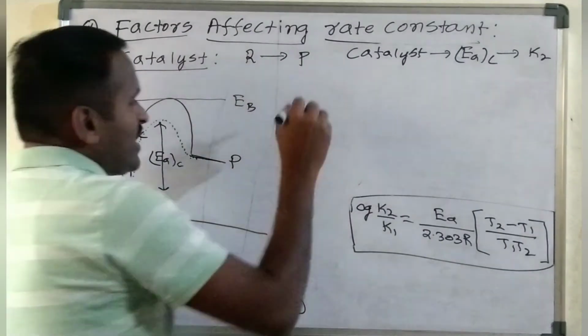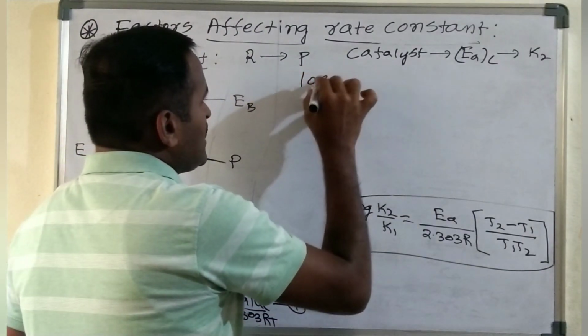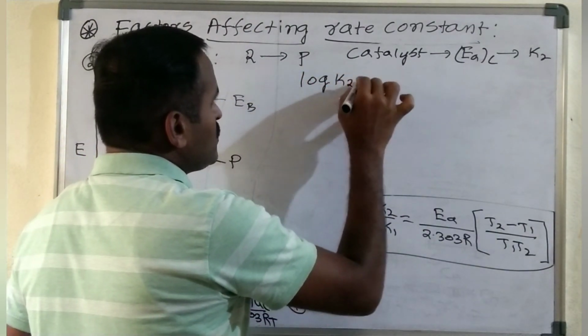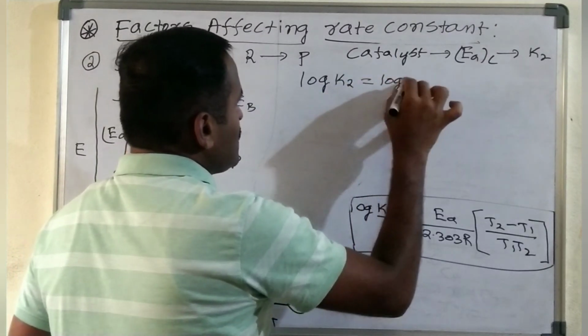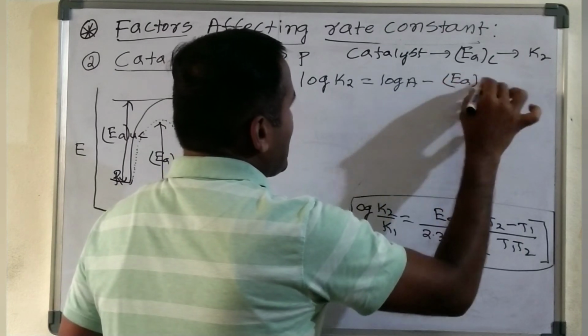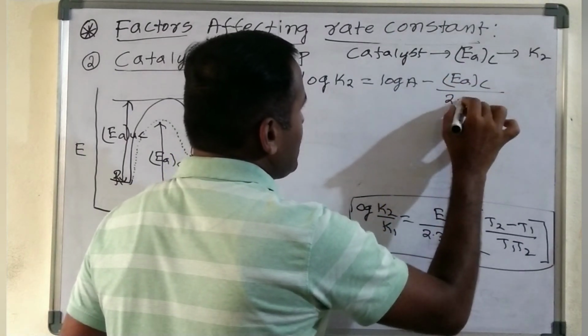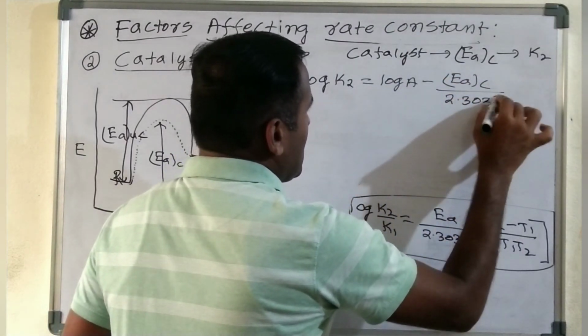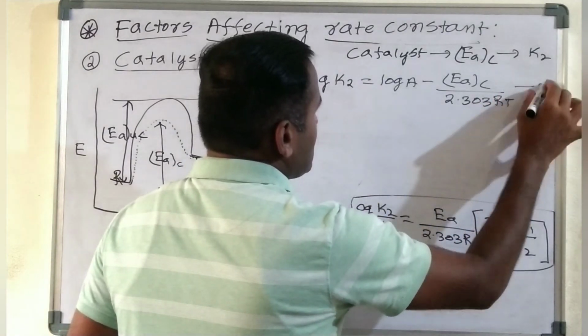If I write the Arrhenius equation again here, log K2 equals log A minus EA of catalyst divided by 2.303 RT. Let us take this as equation 2.